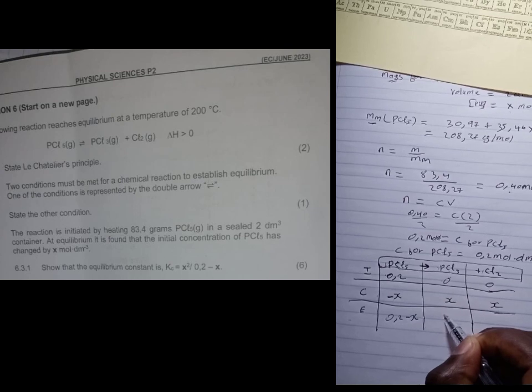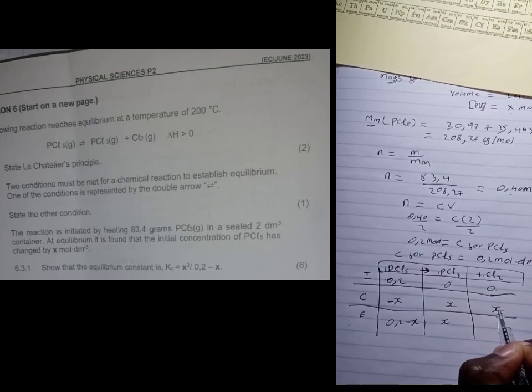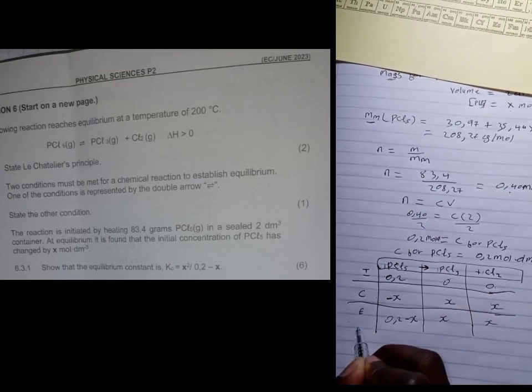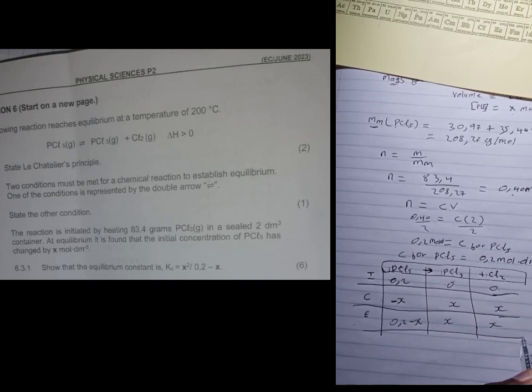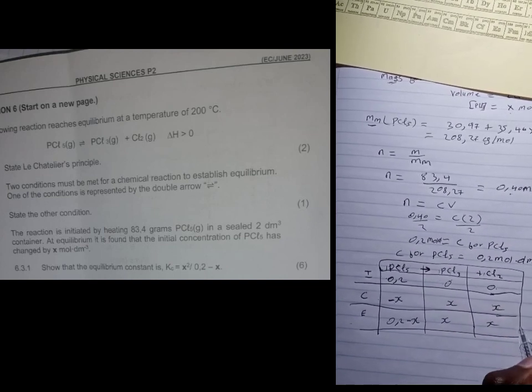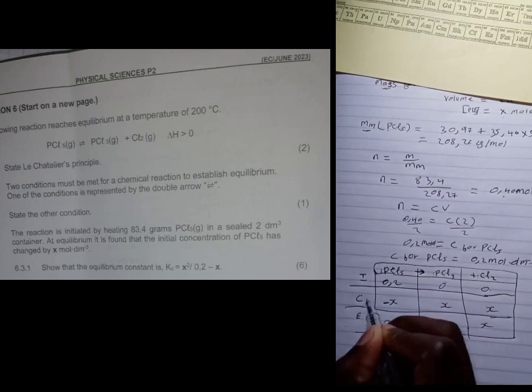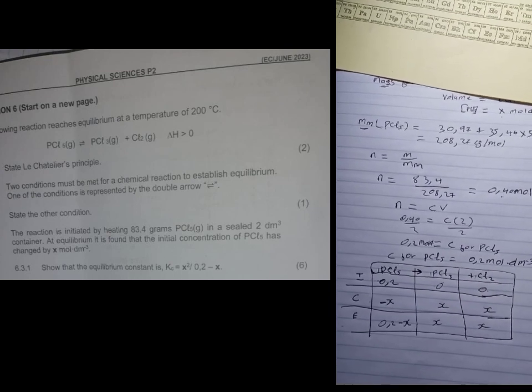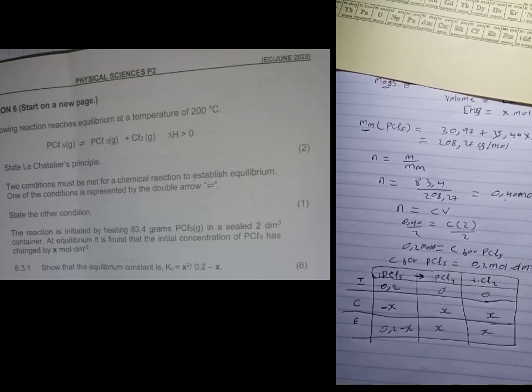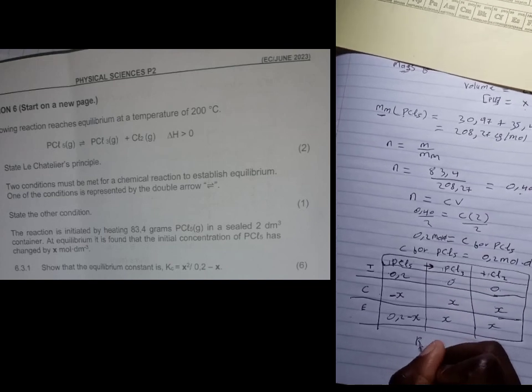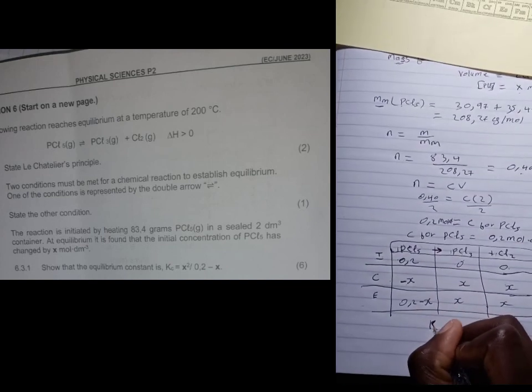This plus this is x. This plus this is x. This is our equilibrium. Now our ICE table is complete.